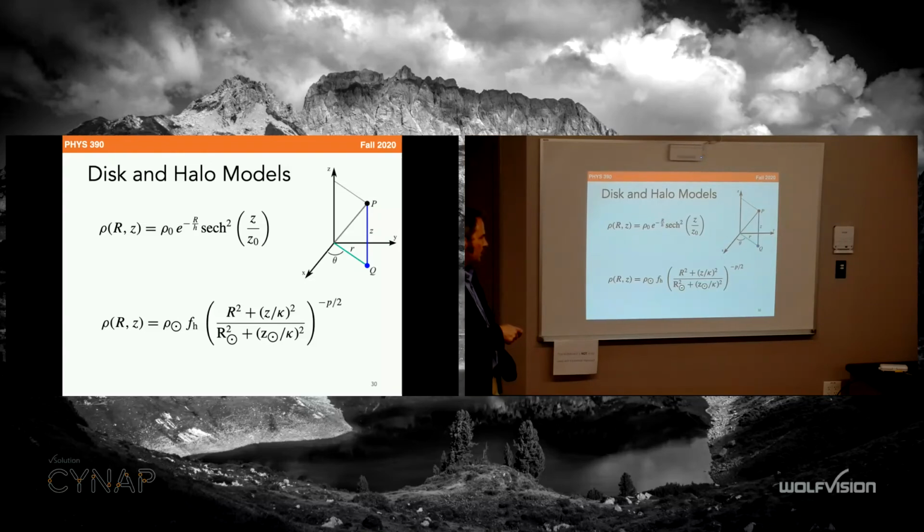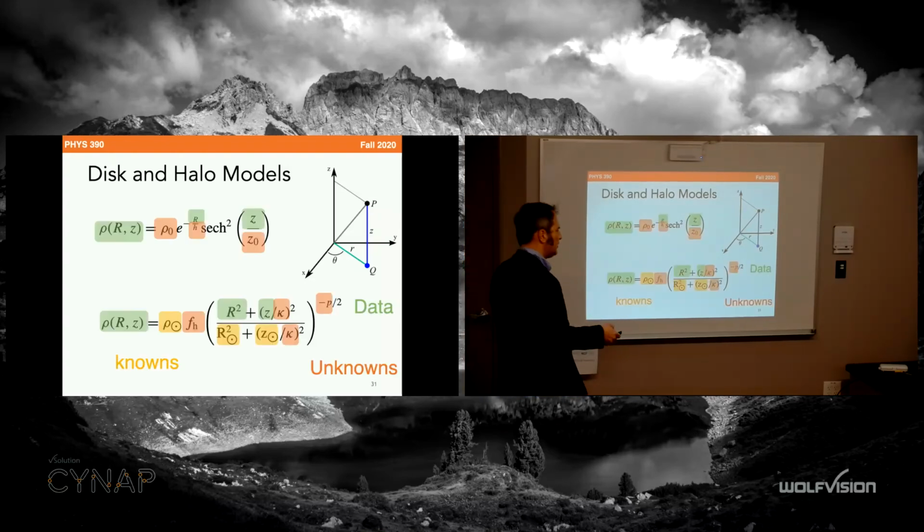This dot, O dot, is the sun, the symbol for the sun. So we have a position where the sun is and how far above the plane it is, and then we have where the stars are in radius and above the plane again, and we have the K, which is the flattening of the halo, and the power law of how the halo drops off.